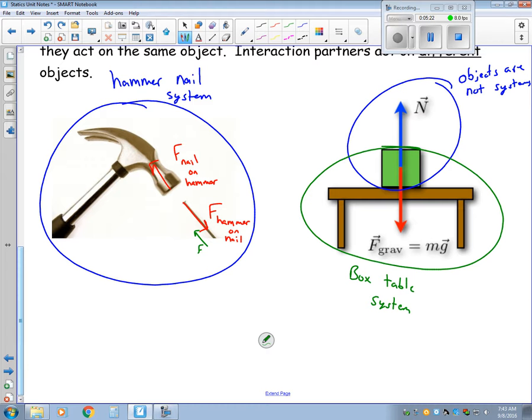Because this box is exerting a force, a contact force, on the table, the table is exerting a force, which is called the normal force, on the box. So this would be box on table, and then this normal force would be the table on the box. Now we have a system, and now we have a pair of forces that are interaction pairs.